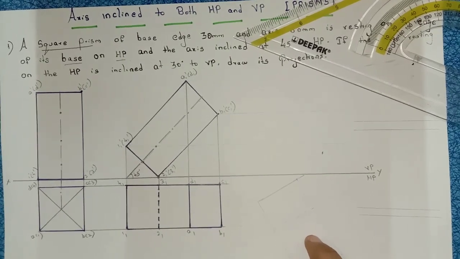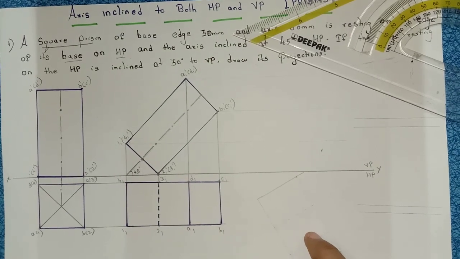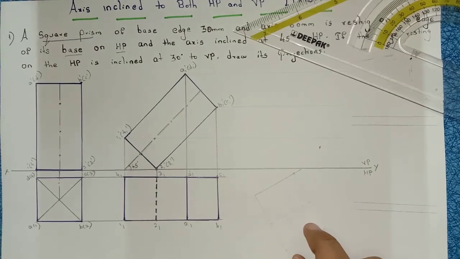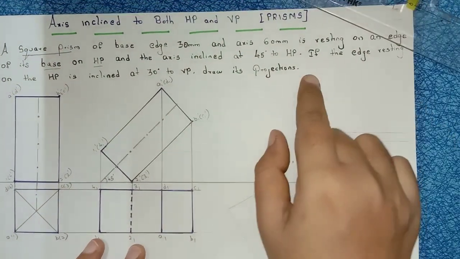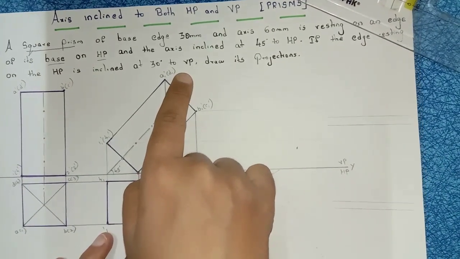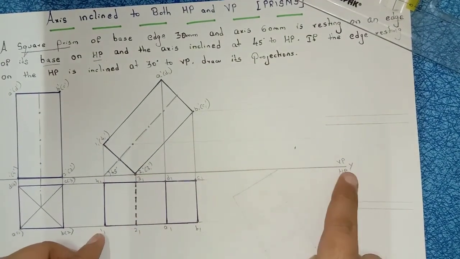So how I will construct the final position, assuming that the second position was in a box method, right? So in order to construct the fifth step here, the angle should be inclined to VP, right? So let us see the next part of the question. If the edge resting on HP is inclined at 30 degrees to VP, this is the edge resting on HP.